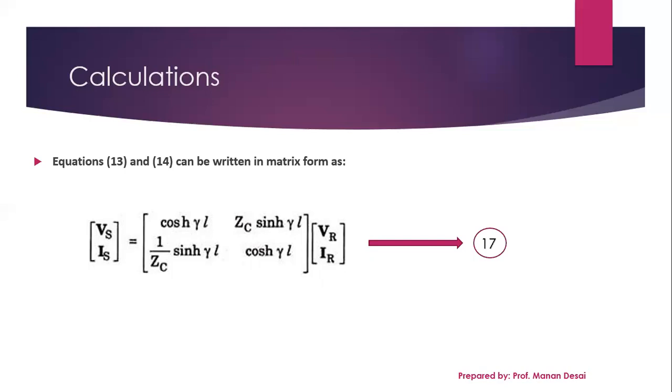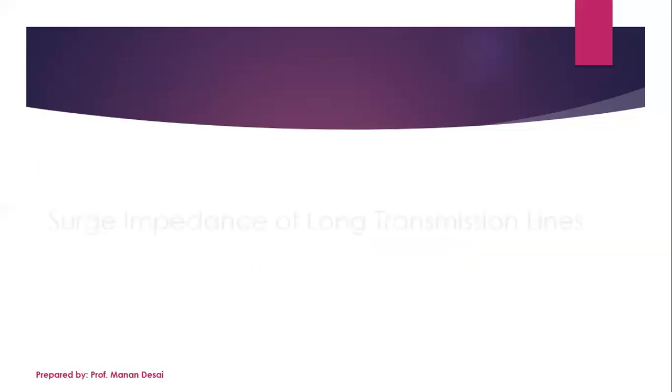Replacing with the ABCD values: A is cosh gamma L, B is ZC sinh gamma L, C is 1 upon ZC sinh gamma L, and D is cosh gamma L, multiplied by VR, IR.